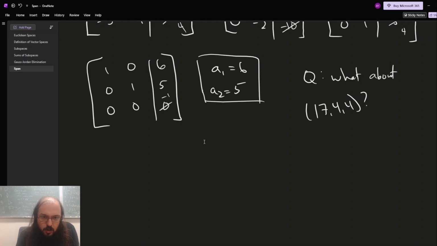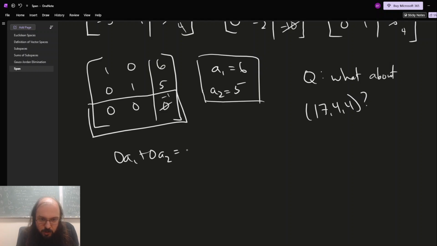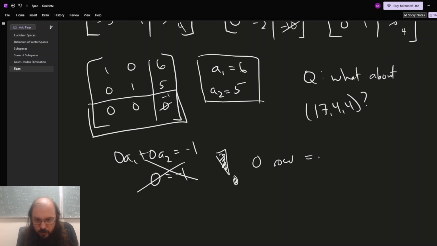So now what we get is this last row says 0a1 plus 0a2 equals -1. Or in other words, 0 equals -1. This is just not true. So the upshot is a zero row equals a non-zero number means no solutions.